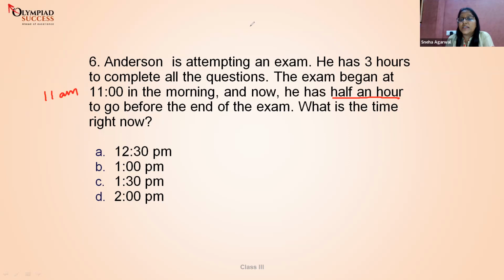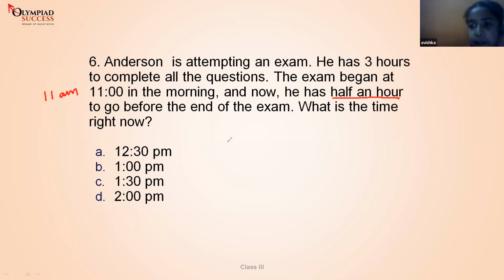So what is the time right now? They are not asking you the ending time. They are asking what is the time right now if he is still left with half an hour to complete his paper, to complete that given deadline, the time limit. Teacher, the answer is 1:30 p.m. Yes. How did you get that?